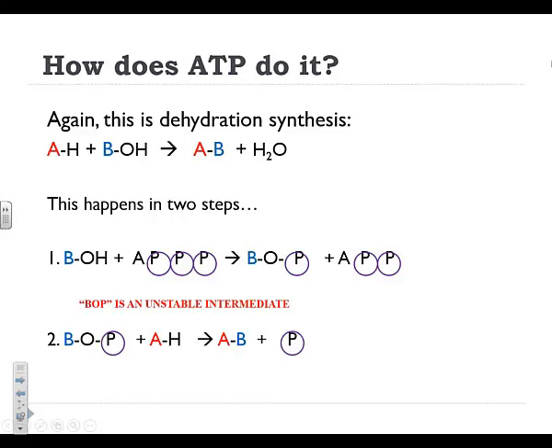Okay, so the P here represents the phosphate group, the PO3 group that would be lost from ATP and released as a product of the condensation reaction. So here it would be the inorganic phosphate.